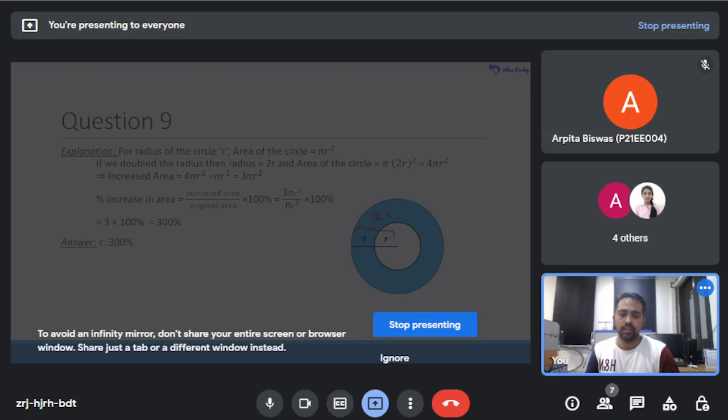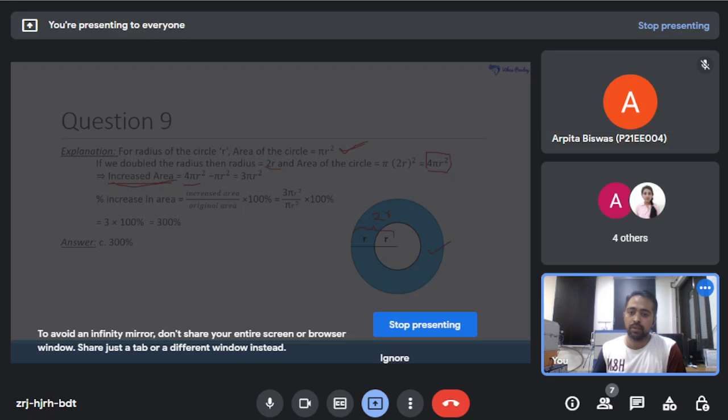Now we want to find this colored area, right? So for radius of circle r, the area of circle equals pi r square, as you people have already said. Okay. So double the radius, then the radius equals 2r, and the area of circle becomes 4 pi r square, exactly like the previous question. Now here you just have to understand the wording. Here it is saying increased area, the ratio of area.